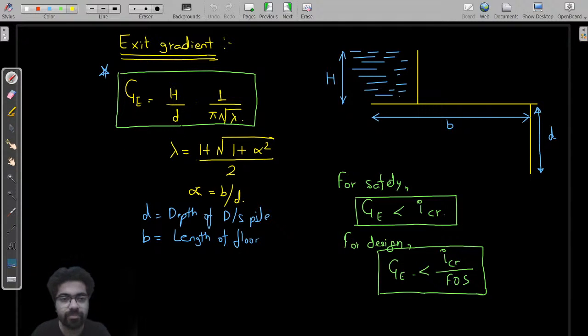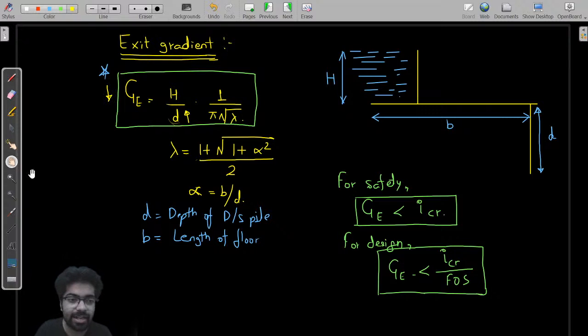Can anyone tell me? D has to be increased. Depth of the downstream pile has to be increased. Listen very carefully. This can be one objective question which can be asked in your exam.